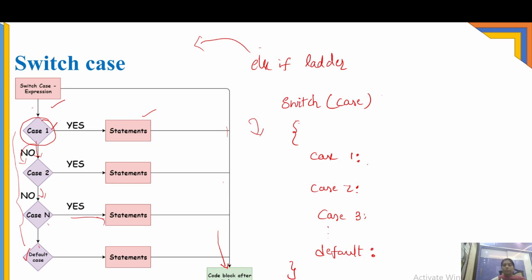So, for example, here the case of a character may be plus, minus, multiplication. If the chosen character is plus, it should perform addition of two operands and print the result.